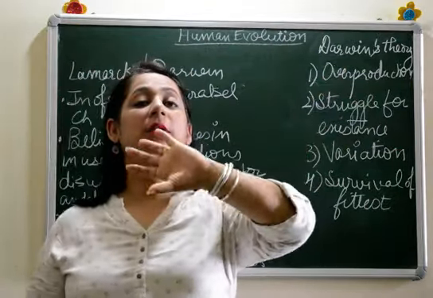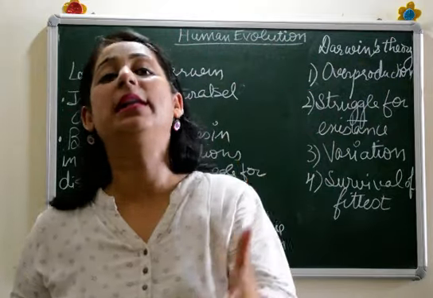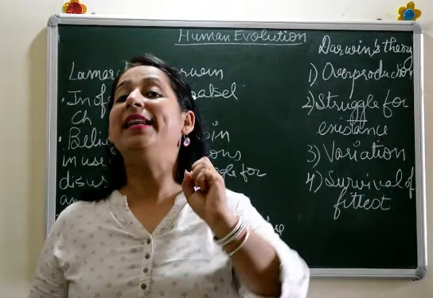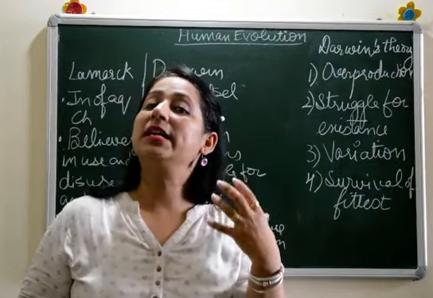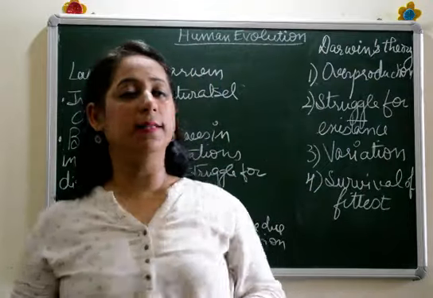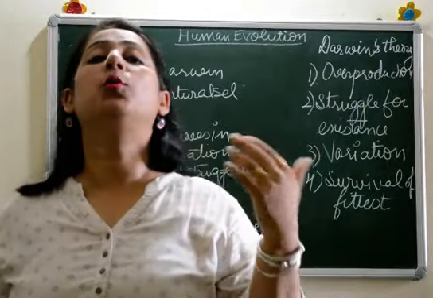Now Darwin's theory was based on certain facts. As Lamarck studied fossils, he studied variations, the characters which were observed in the organism. The first thing he observed was overproduction.